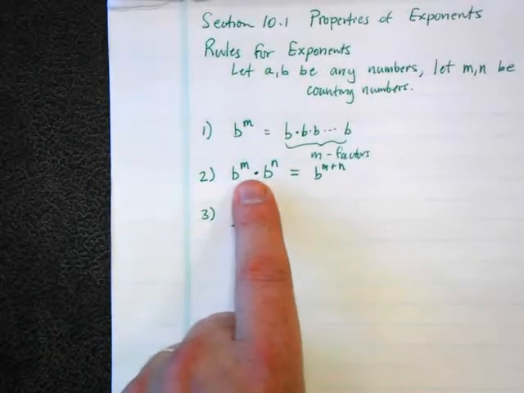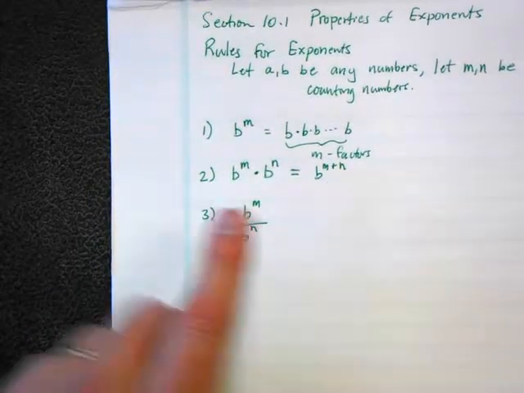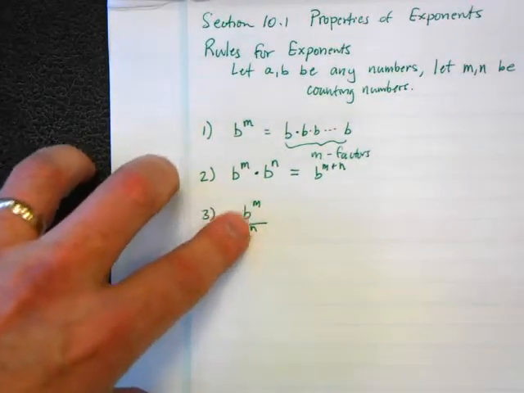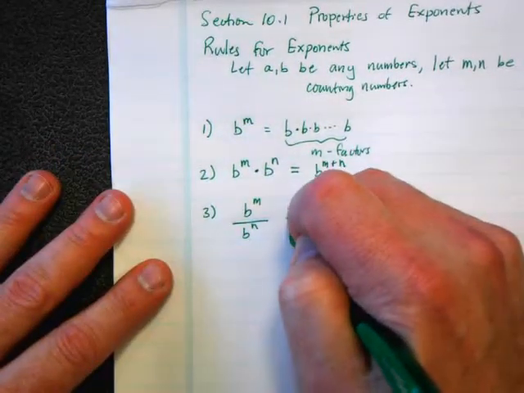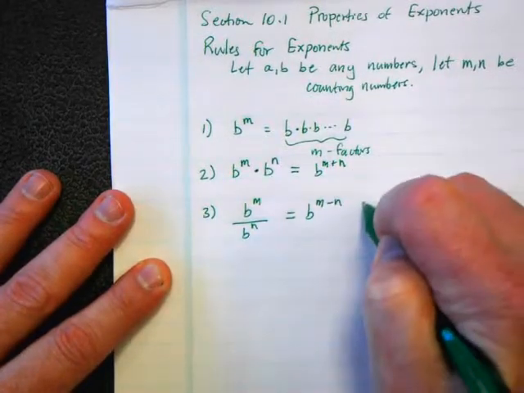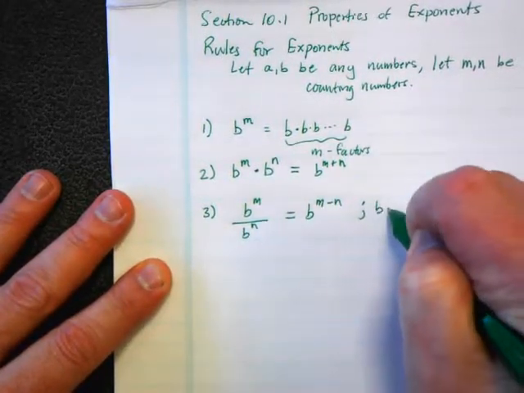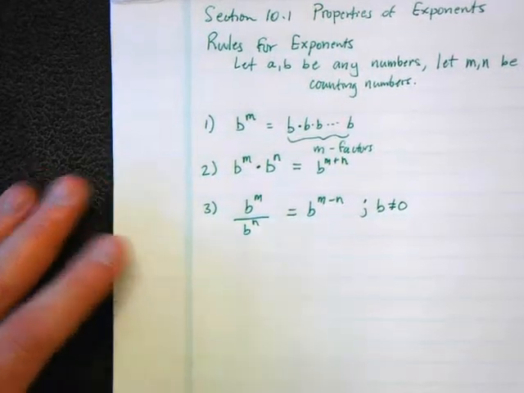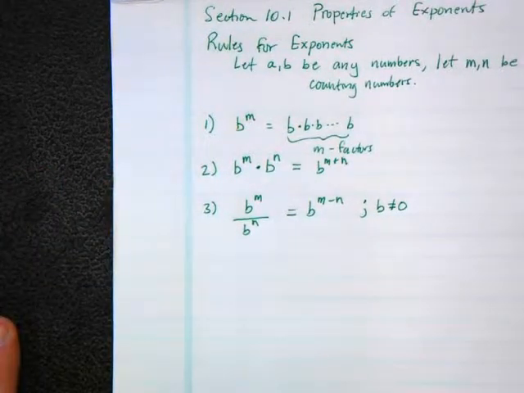When we multiplied, we added exponents. It would make an awful lot of sense that when we divide, we subtract our exponents. And that is exactly the right rule. I'll give you an example here in a minute of why that works. We do have to have one little extra condition here. And the one little extra condition is b cannot be the number 0. How come b cannot be the number 0?